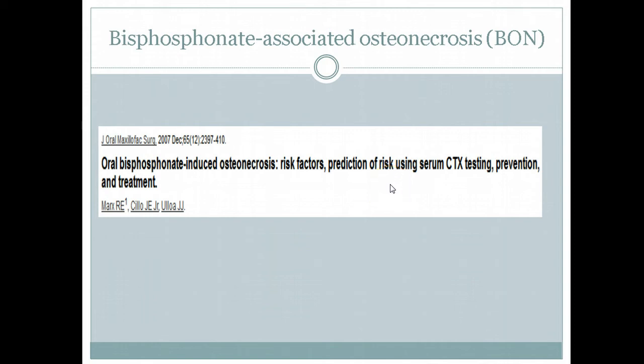If the process is active, we know that we'll have a good turnover, hence a good healing. And if the turnover is low, that means the osteoblasts and osteoclasts are inactive and they won't be able to turn over and repair the process. So in very layman's terms, that's the reasoning behind this CTX test.